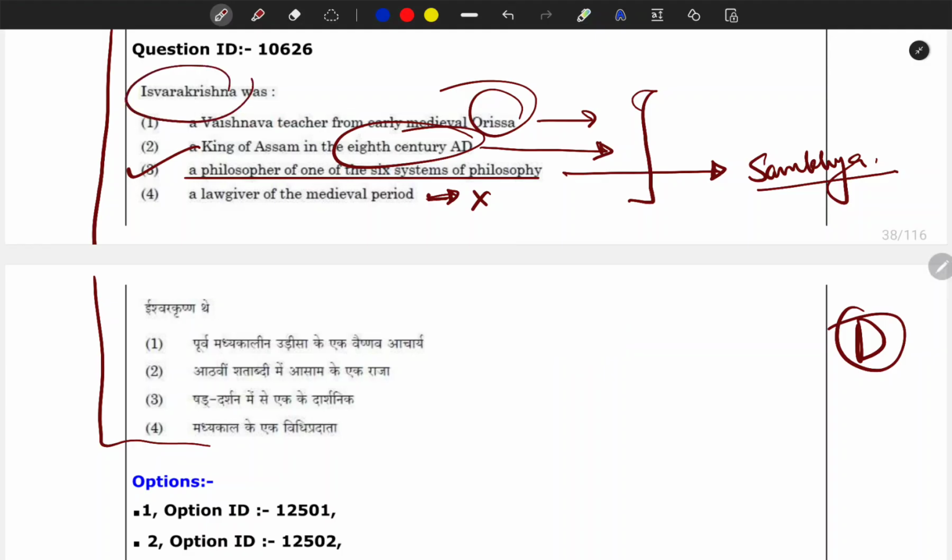I have not discussed Ishwar Krishna, but they have asked it. Now they have asked about Sankhya philosophy. Next time they can ask about Nyaya or Vedanta philosophy. So except this philosophy, read about the other philosophies in a little bit of depth, not too much depth.